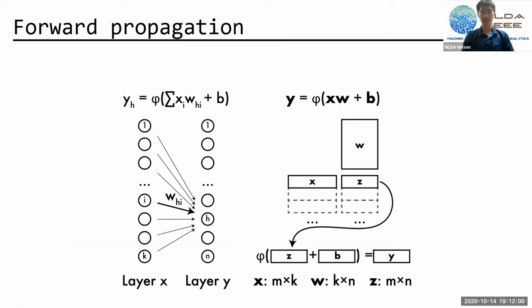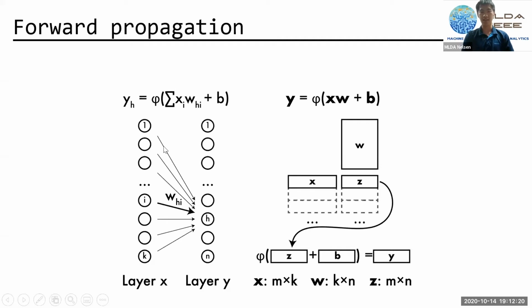A neural network, as you know, consists of some number of layers of neurons, and each layer has a certain number of neurons. What a neural network does is that every neuron is connected to the neurons in the next layer.